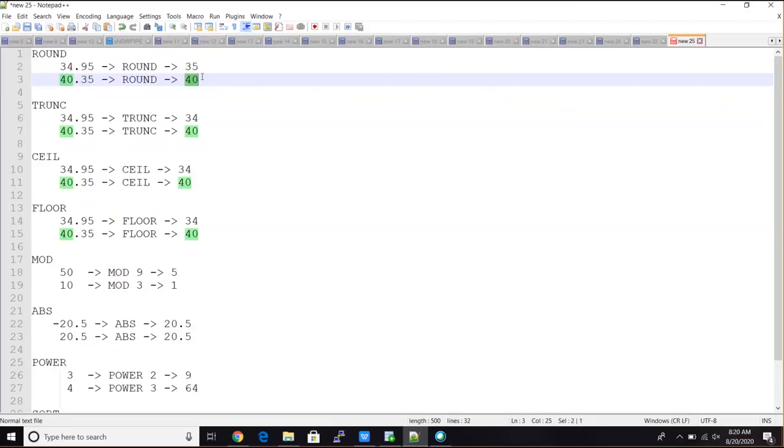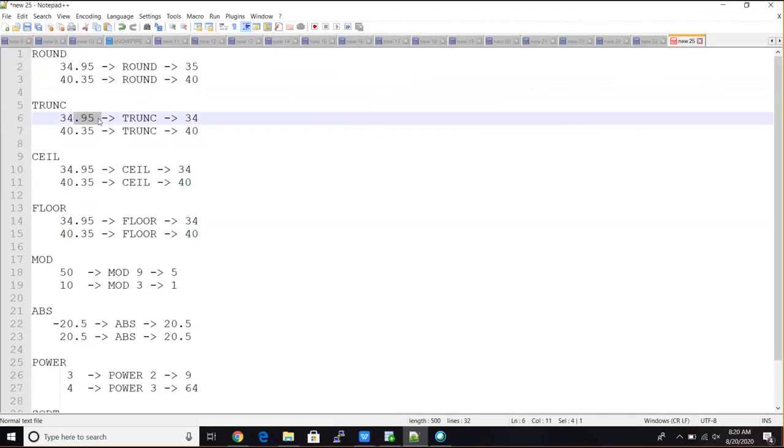But in the case of trunc, it doesn't consider whether it is near to $1 or far from it. It simply removes the digits after the decimal. That's why you can see here 34.95 became 34, and 40.35 became 40.